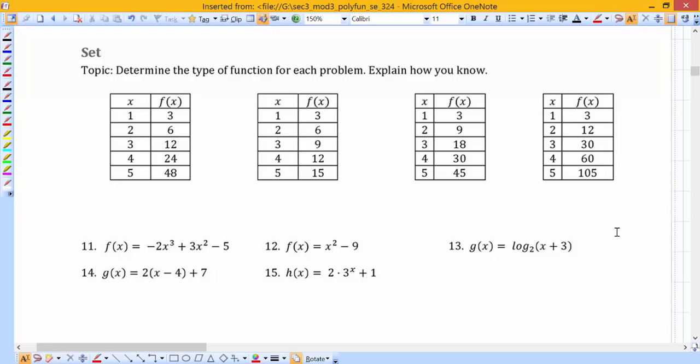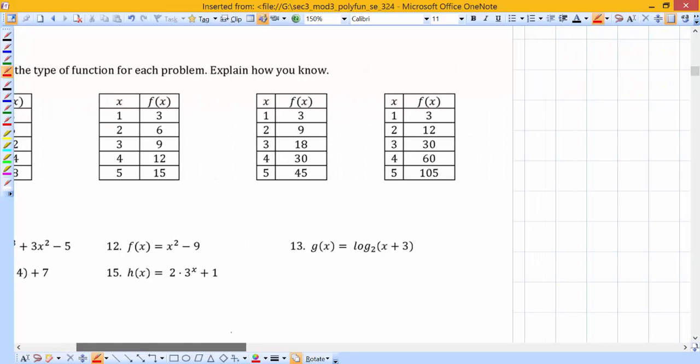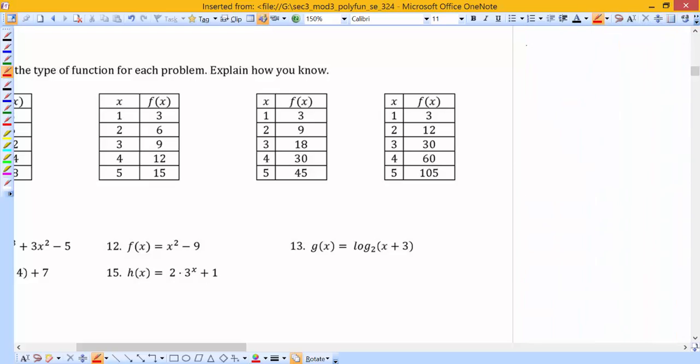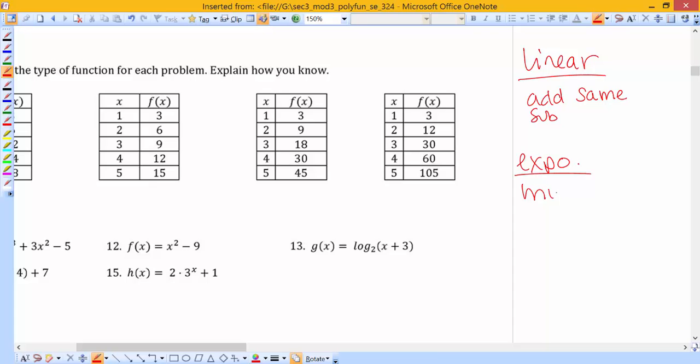For it to be linear, I'm going to add or subtract the same amount. For it to be exponential, that is when you multiply by the same value. For it to be quadratic, that's when it has a second difference.